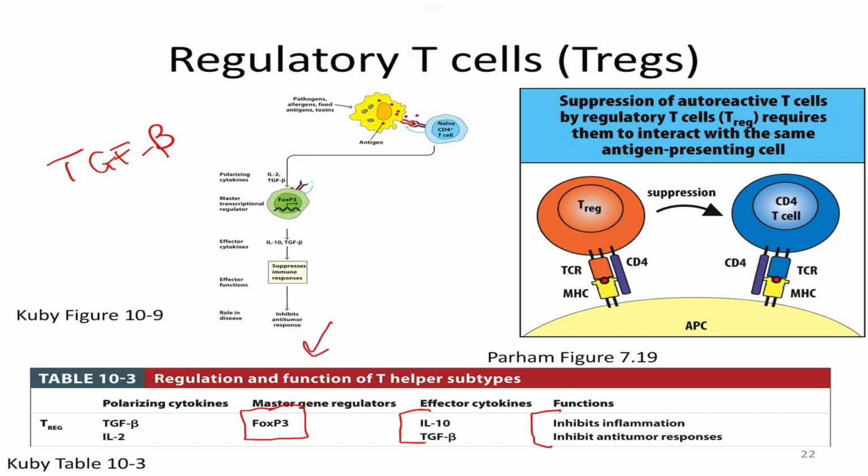So all Tregs, no matter how they got turned into Tregs, are making FOXP3. All Tregs are making IL-10 and TGF beta. And they're always inhibiting other types of responses. The difference is how the cell got told to turn on FOXP3 and how the cell started down the Treg path towards the Treg life.